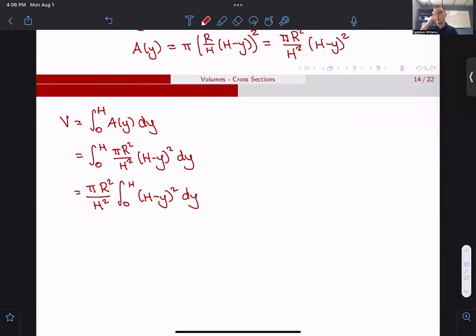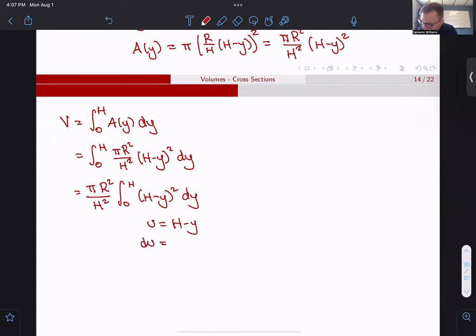So remember, with u sub, u should be the function that's inside of another function. Well, if we look here, we're squaring something in parentheses. So a good candidate for u is the stuff in parentheses. So u is going to be H minus y.